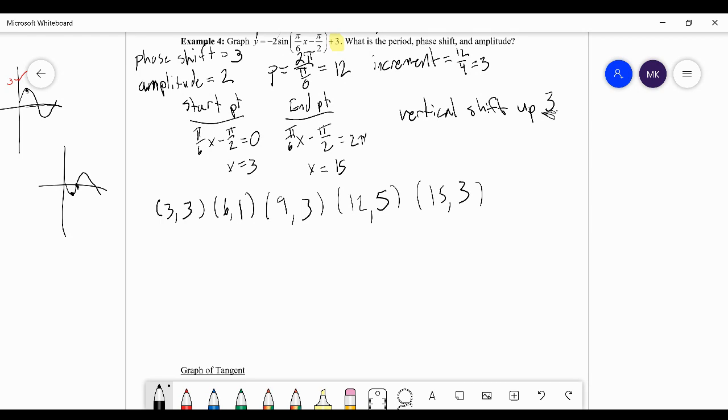So let's graph this. So I know that we're going to go 3, 6, 9, 12, 15.